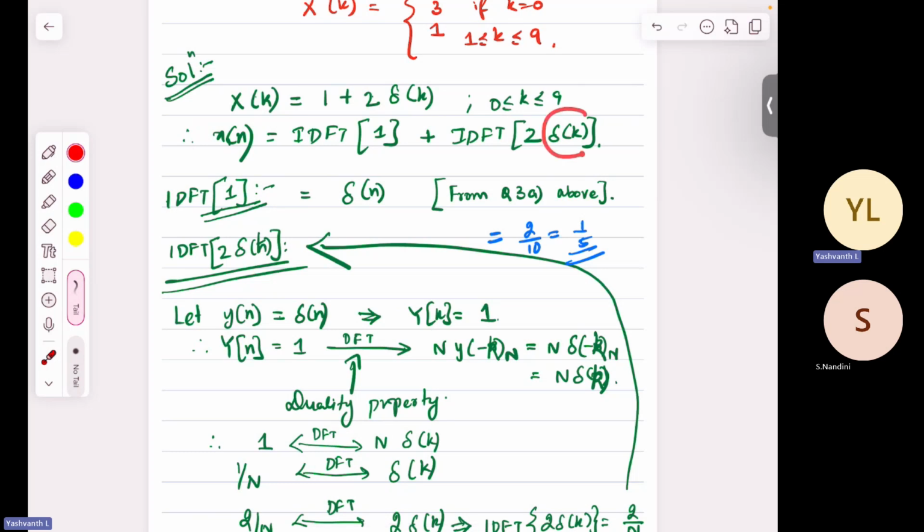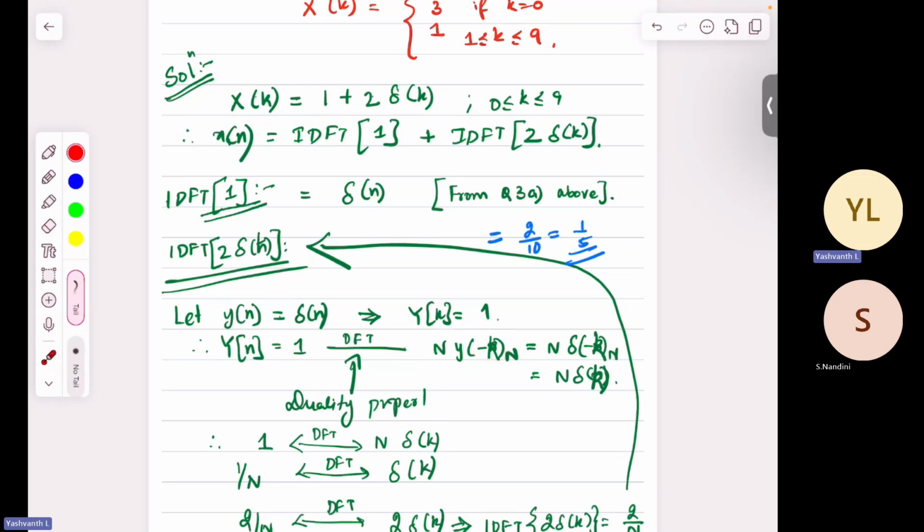Now, how about IDFT of delta of k? You will apply the duality property, namely what we saw. Let small y of n be delta of n. Then from the previous question we saw that its DFT will be equal to 1. Now let's say that the time domain sequence was equal to 1, then by the duality property the DFT will be N times delta of minus k modulo N. Correct?